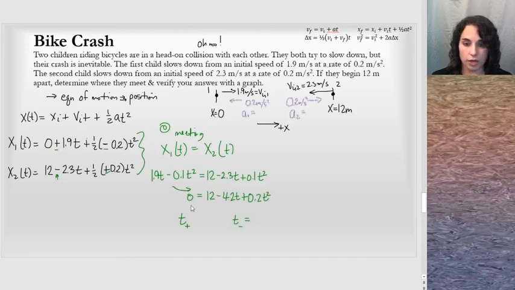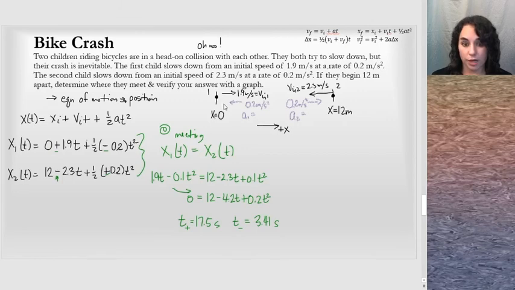That makes sense, right? If I have a parabola intersecting with another parabola, they should intersect theoretically in two different points. It turns out when you solve through for this problem, the first time is 17.5 something or so, and I'll put a second here. And the other time is 3.4 seconds.